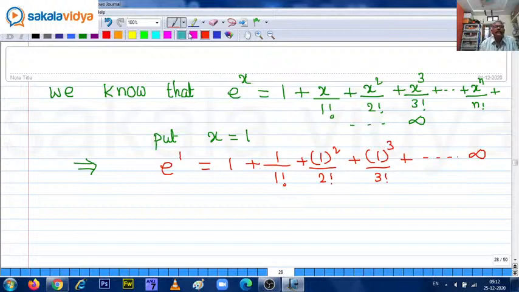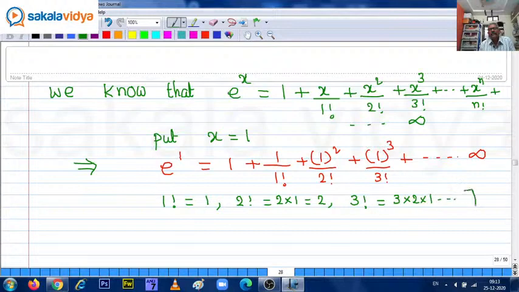My dear children, I will explain what is meant by factorial. 1 factorial means 1. 2 factorial means, don't get confused, 2 into 1, 2. Now you might have expected 3 factorial. 3 factorial means 3 into 2 into 1 and so on.